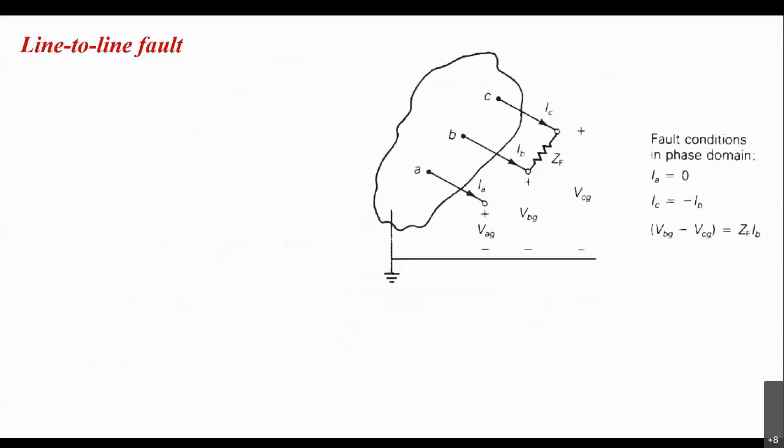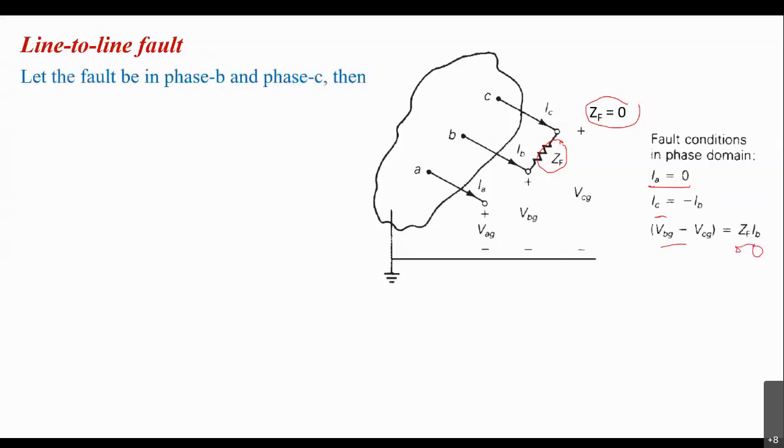Similarly, we'll do the analysis for line-to-line fault. Let us consider a line-to-line fault between phase B and C, considering a fault impedance ZF. And here for simplicity, we are considering ZF equal to 0. Now under this fault condition, IA equal to 0 and IC equal to minus IB, and VB minus VC is equal to ZF IB, that is nothing but equal to 0 because ZF equal to 0.